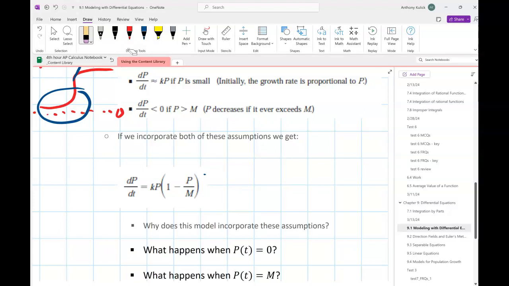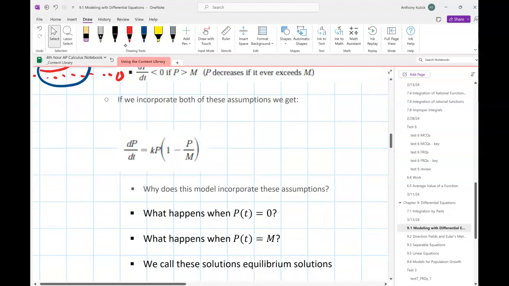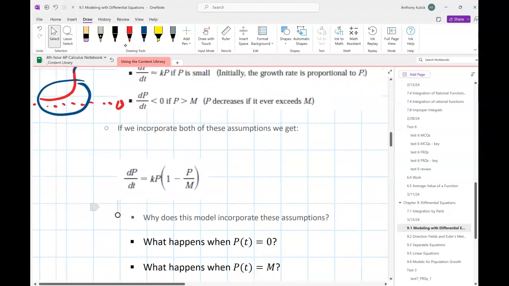If P is exactly M, what happens? This becomes 0, right? Which makes the whole thing 0, which means that once you get to M, you're never going to get past it because you stop growing. What happens if P is greater than M?